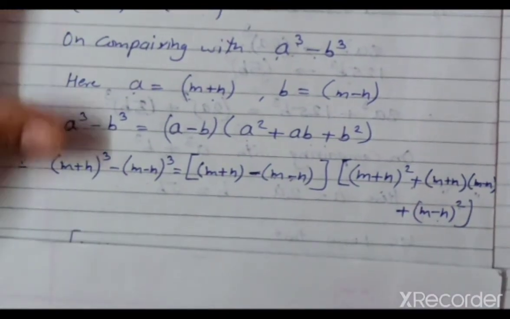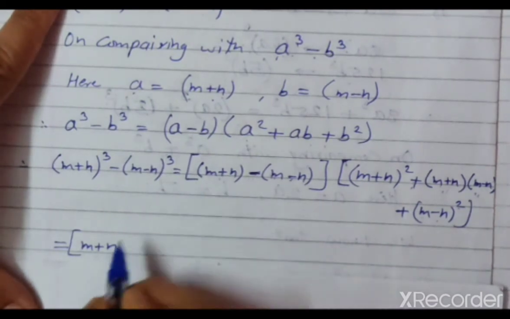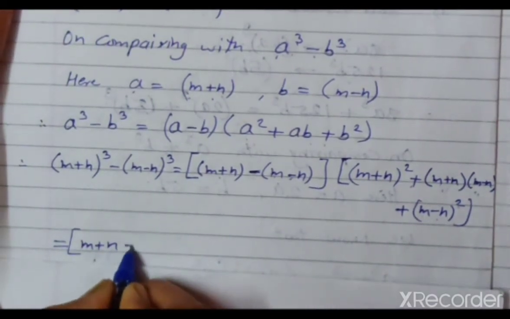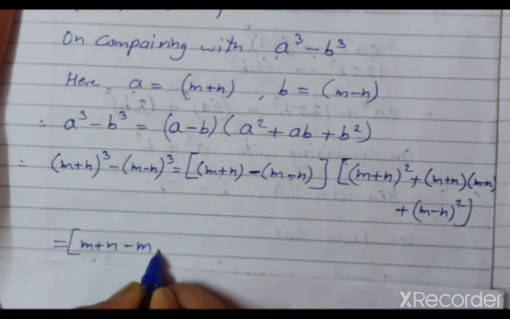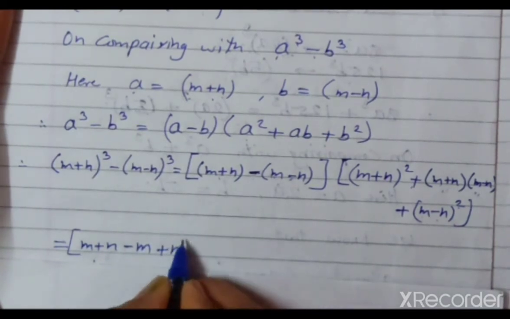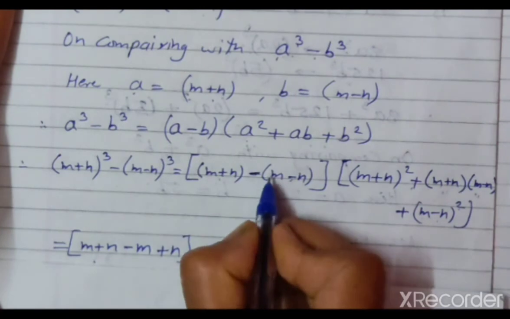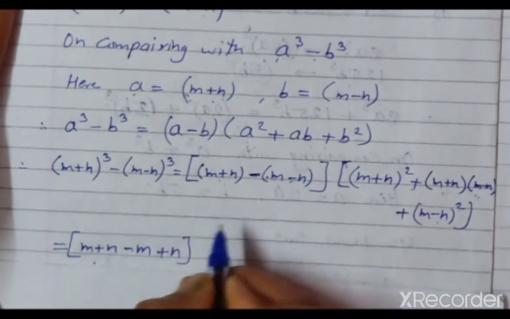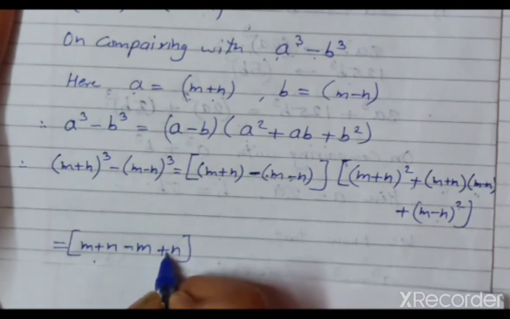So this first bracket will remain as it is. The second bracket will convert into this form. Here it is plus symbol, so this plus will convert into minus and this minus will convert into plus.